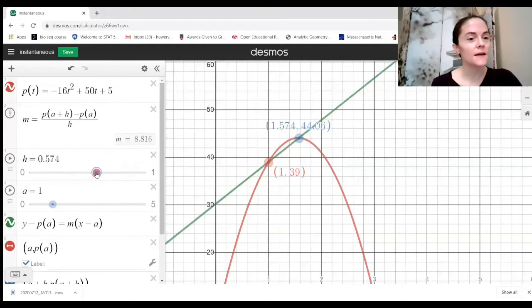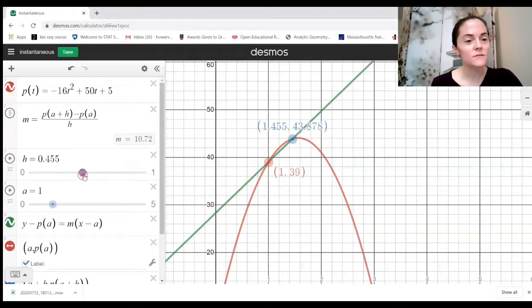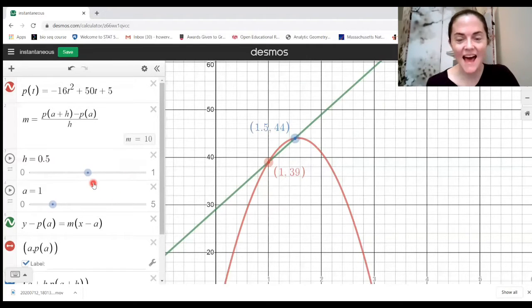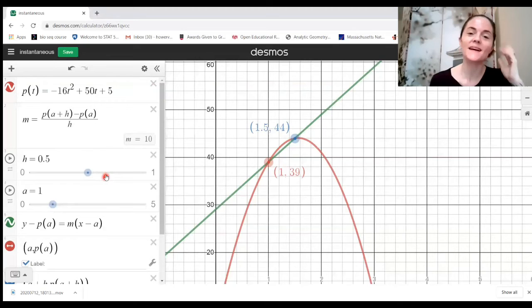Here, let's go to a half. Here h is a half, and we have moved from slope 2 to slope 10, for example. You can see this green line is now steeper than it was when h was 1. So the average rate of change between 1 and 1.5 is 10.